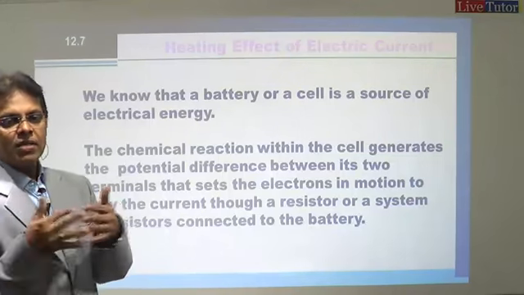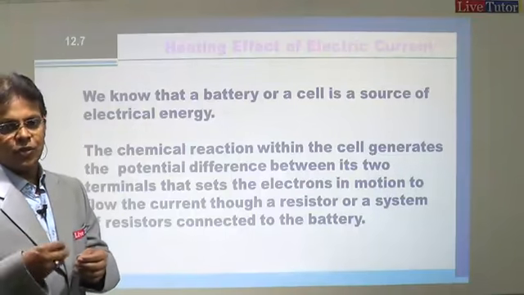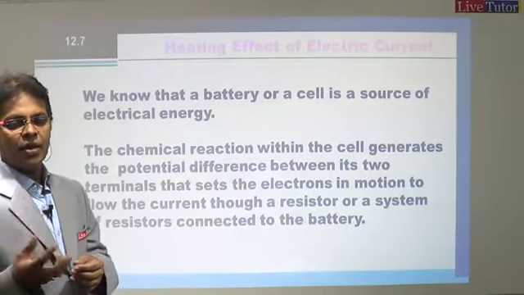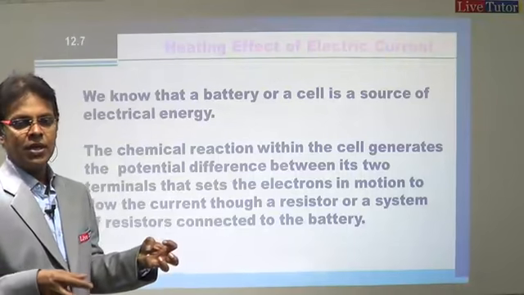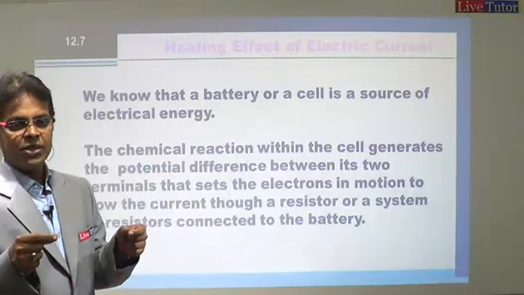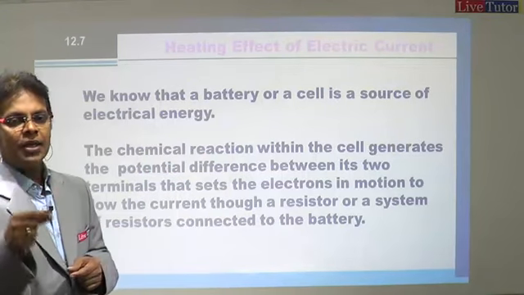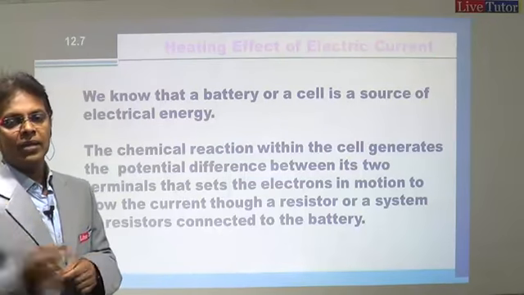Now the reaction between the electrolytes will generate electrons. One electrolyte will release the electrons, and another electrolyte will absorb the electrons. The electrodes are there inside, the positive terminal and the negative terminal. They are called electrodes, through which the electrons are moving.